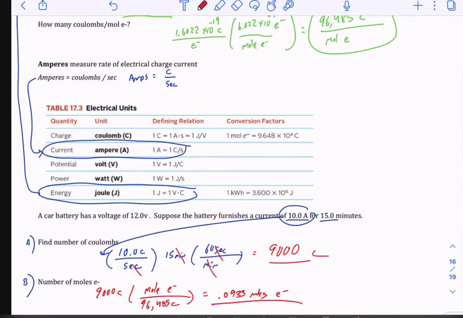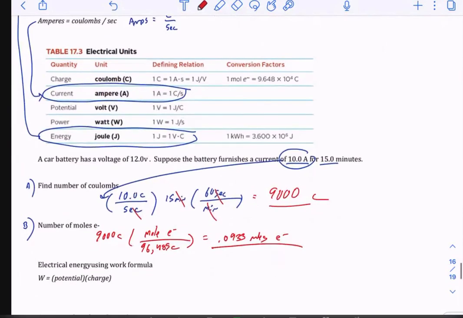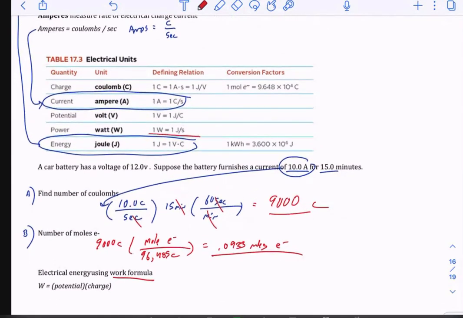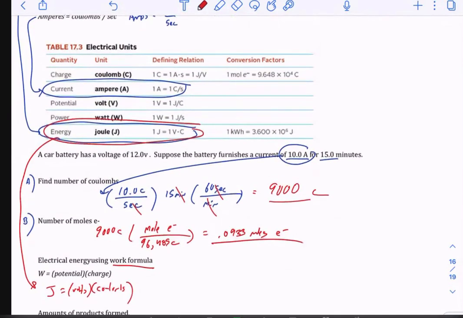We were able to find charge by using amperage and the time. How about electrical energy? Electrical energy using the work formula. The work formula is the same thing as this formula. The work, as in the energy, which is going to be in joules, equals voltage, your potential, times charge, in coulombs. So how much energy is there? How much work can be done?